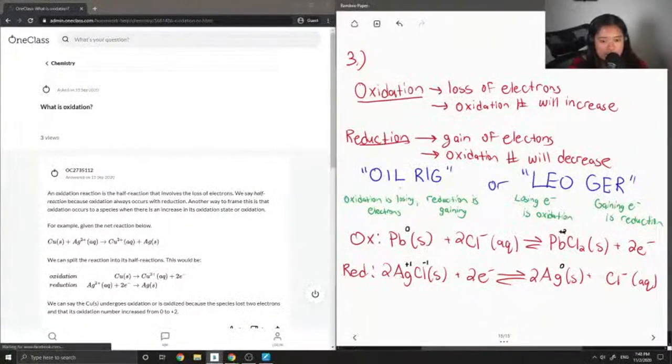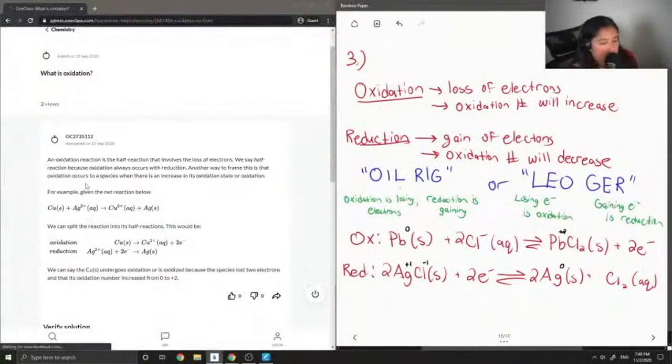This is chlorine gas. And that's an example of a reduction reaction. So in this case, the silver got reduced and the chlorine got oxidized.